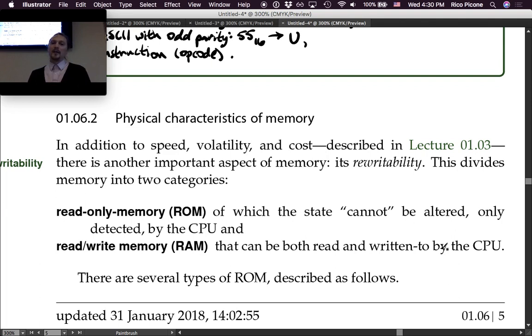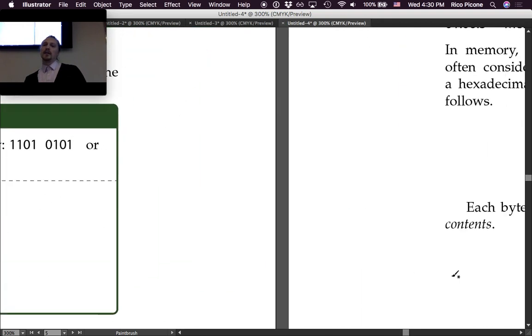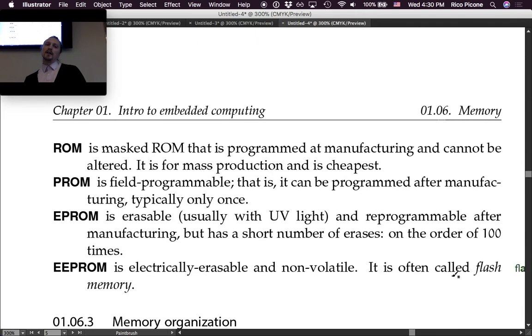So read-only memory is called ROM. You guys probably have heard about flashing the ROM on a device or whatever. It's something that you can rewrite sometimes under specific circumstances, but is not generally done. Versus RAM, which is a memory that can be both read and written to by the CPU. There are several types of ROM described as follows.